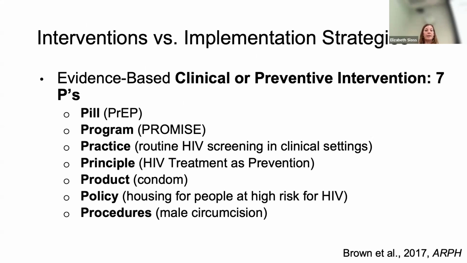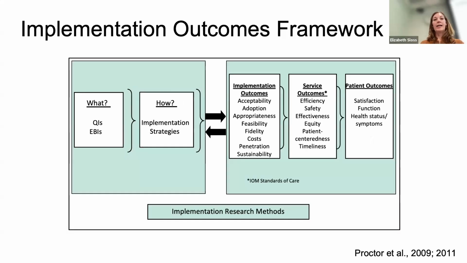So what are these strategies? This is the IOF, the Implementation Outcomes Framework. Did you already show this, JD? I can't remember if we had this earlier. Okay, so JD talked about implementation outcomes. Those are in that middle box. We might have service and clinical outcomes and then also patient outcomes. Those are what our EBI or our quality improvement, the thing we're trying to get into practice, is aiming for.